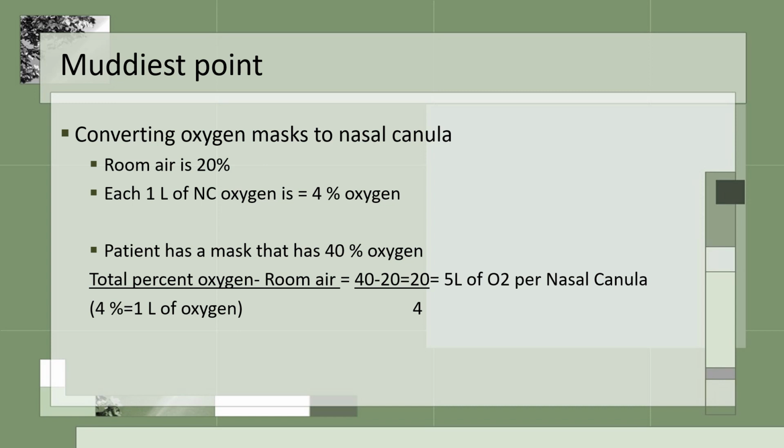So we have 40 minus 20, because our patient has 40% oxygen, minus the 20%, which is room air, and that equals 20. And we're going to divide that by 4, because each liter of oxygen is equal to 4%, and we get 5 liters. That is how we know to put them on 5 liters of nasal cannula.